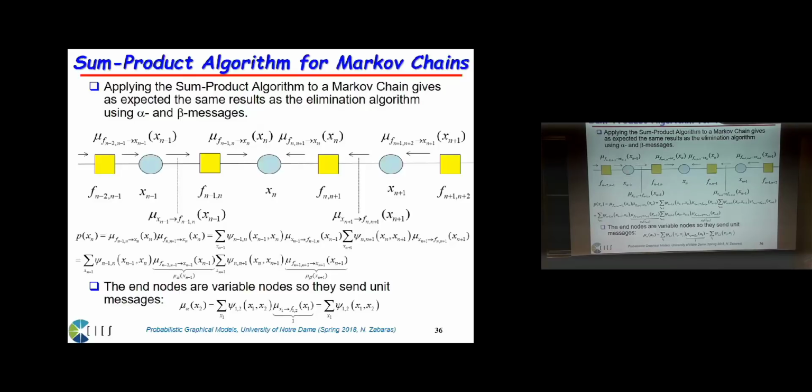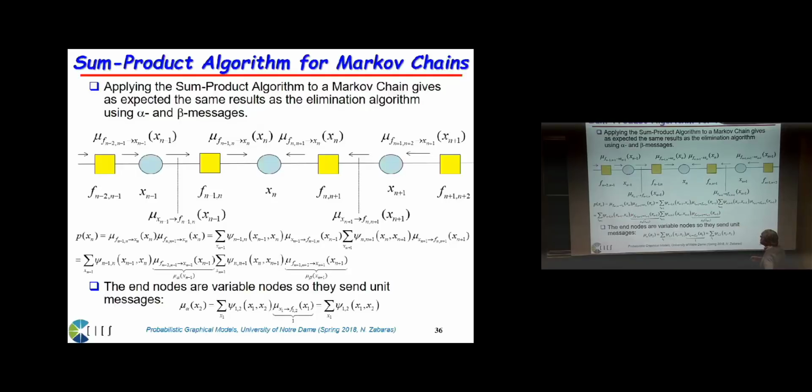So what I have done here is substitute this message as the message coming from a factor fn minus 2 to node n minus 1. Similarly, I took this message to be the same as that message, and I write it like that. Now I give names to these messages: I call this the alpha message, and I call this the beta message.